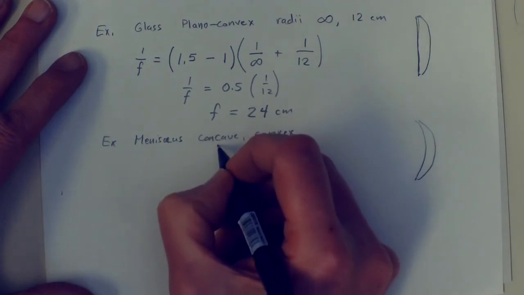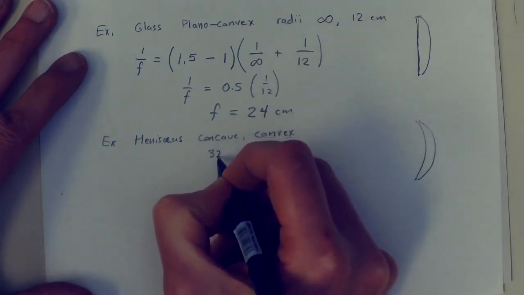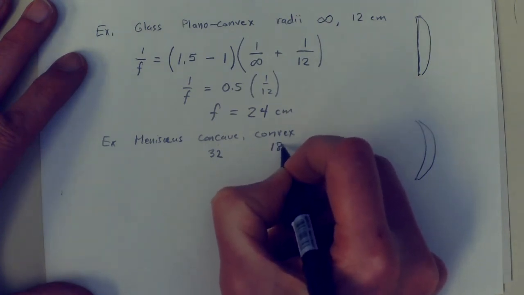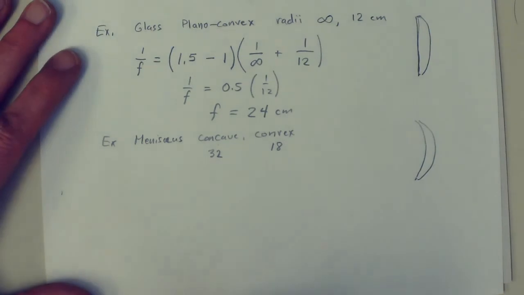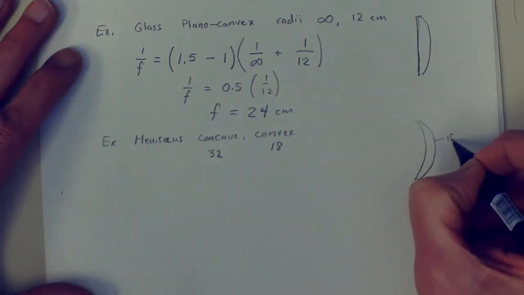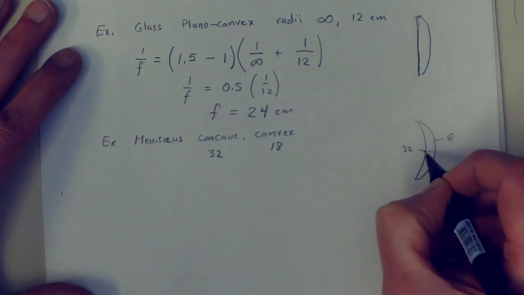Then if the concave side has a radius of 32 and the convex side has a radius of 18. So out here we've got a radius of 18. Here we have a radius of 32.